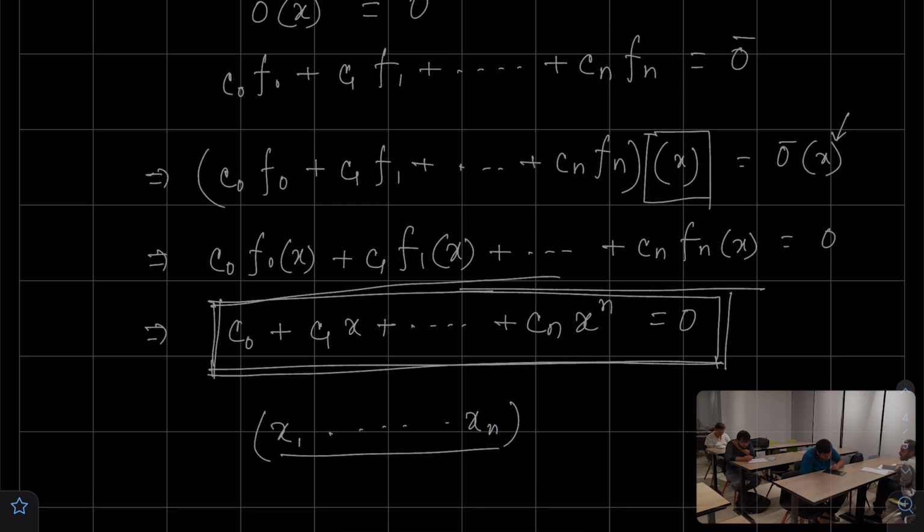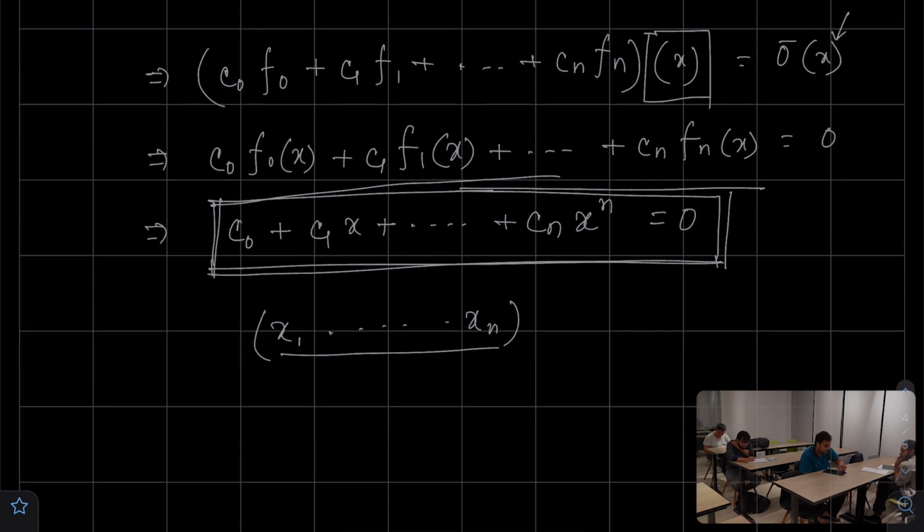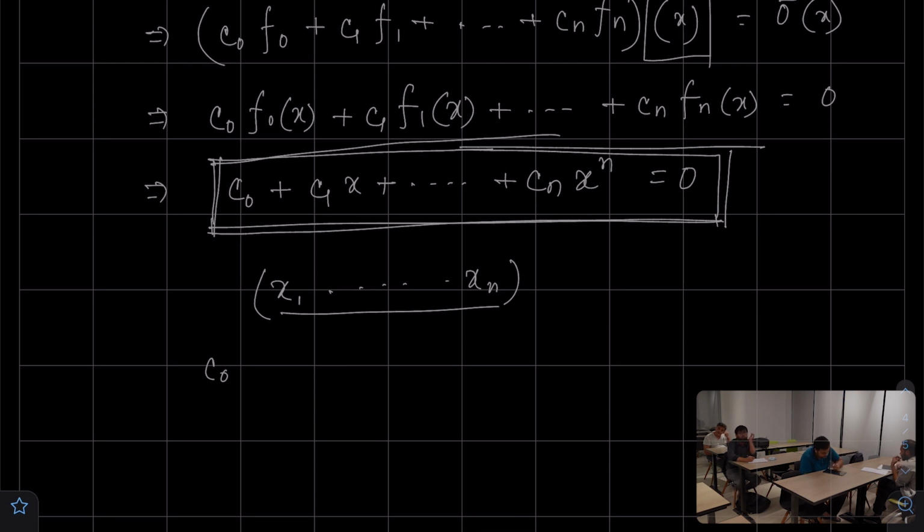This x can be any number, and I can set any x and this is equal to 0. That means this is only possible if the scalars c0 equals c1 equals cn equals 0.